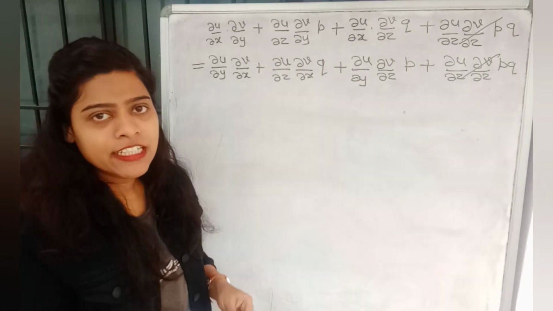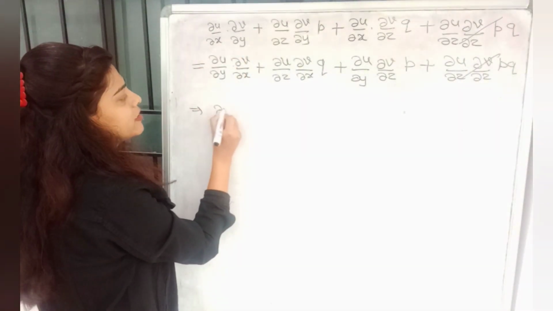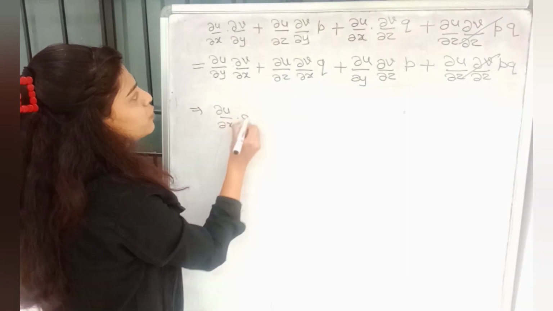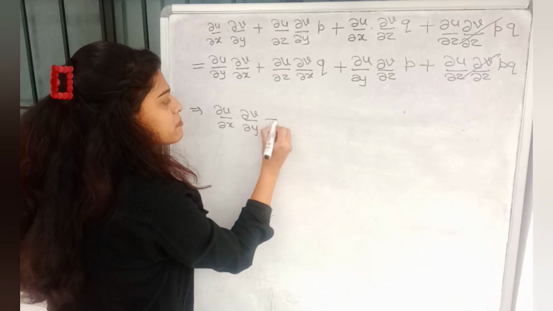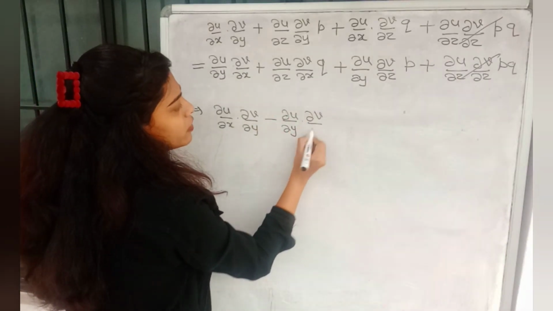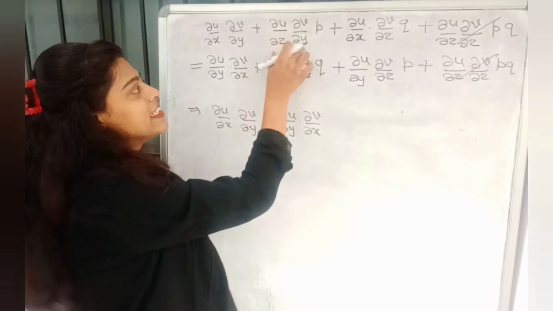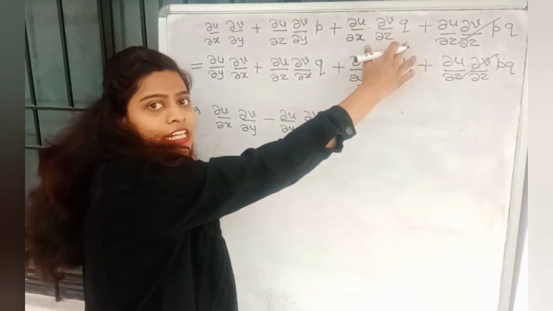Arrange these remaining terms such that the first term will remain as it is, that is ∂u/∂x into ∂v/∂y. Take this term on the LHS, that is minus ∂u/∂y into ∂v/∂x. Now shift this term and this term to the RHS and take p as common and similarly q as common.